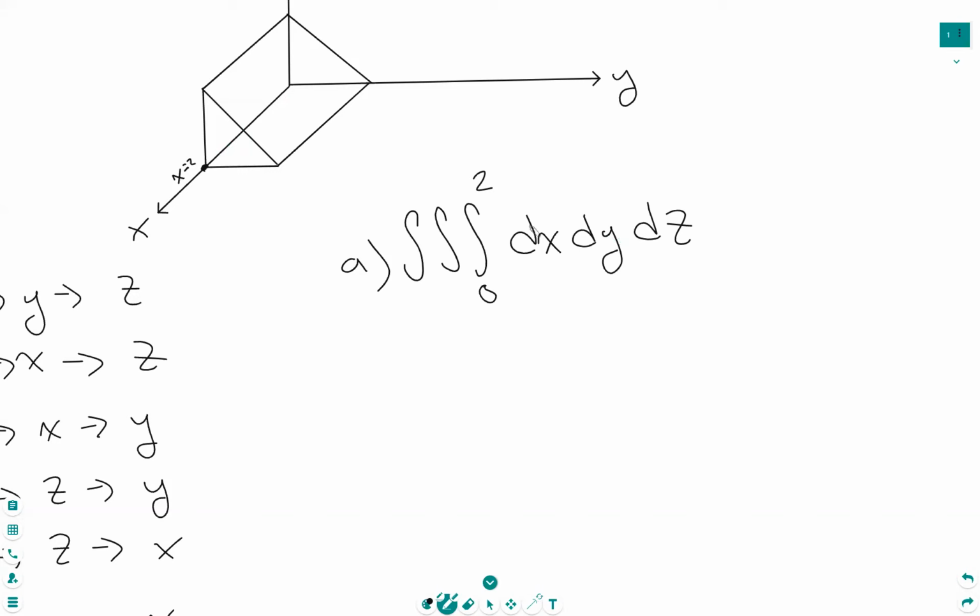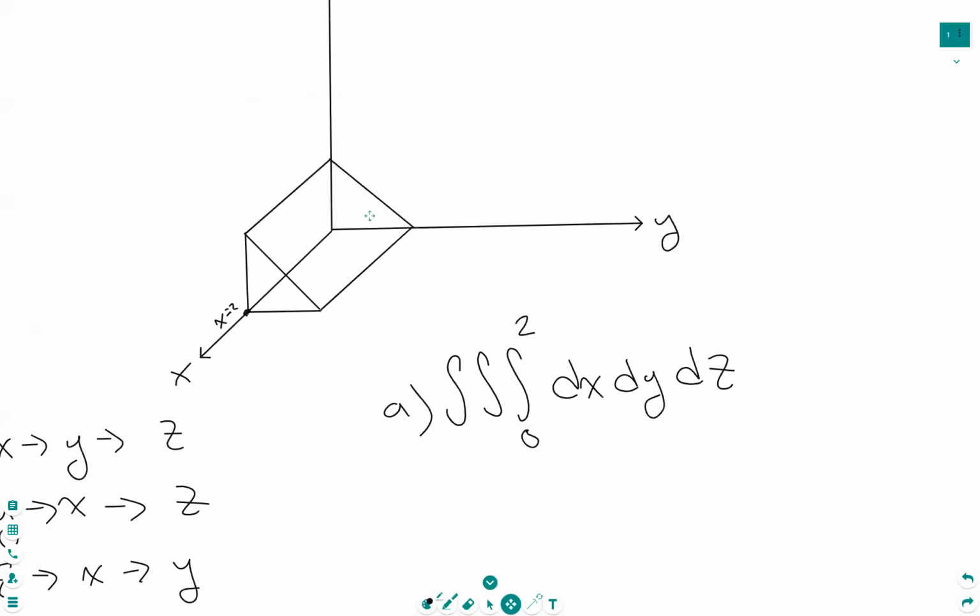Y, so we now have to look at the projection of this object onto the latter plane. So if we get rid of x, we do x first, we're looking at the yz plane, right? So we project the shadow of this object onto the YZ plane.